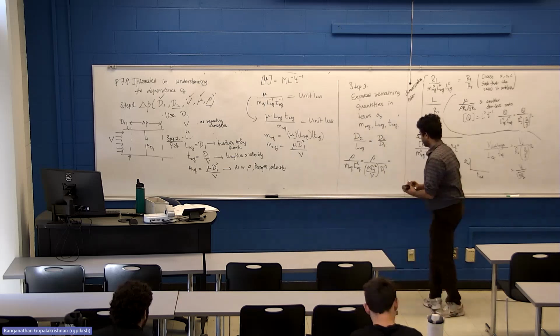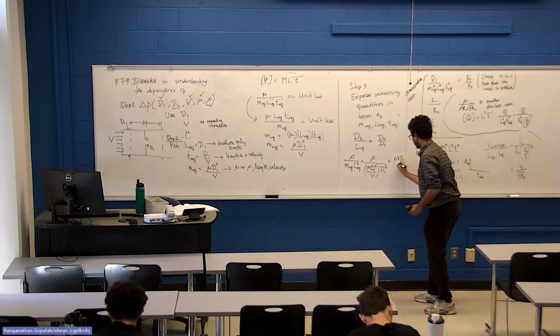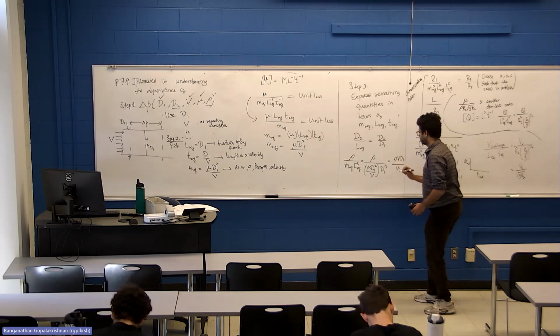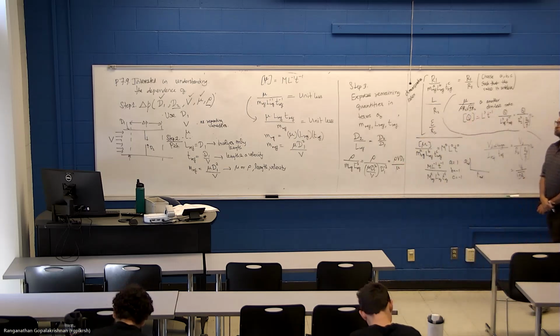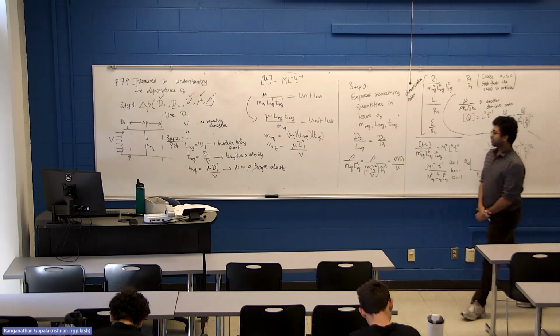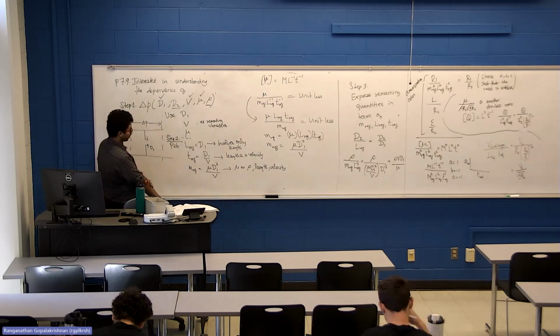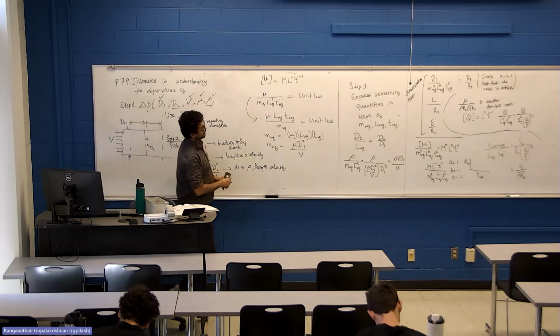So I would have rho V D1 divided by mu. So if I normalize density, I'm getting rho V D1 over mu. So that is step 3.